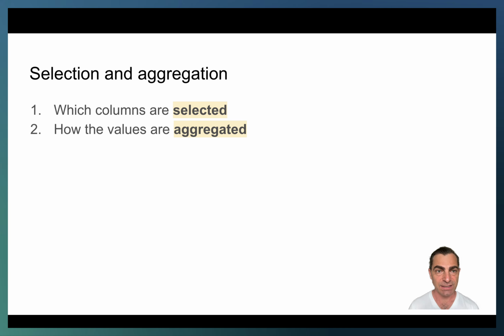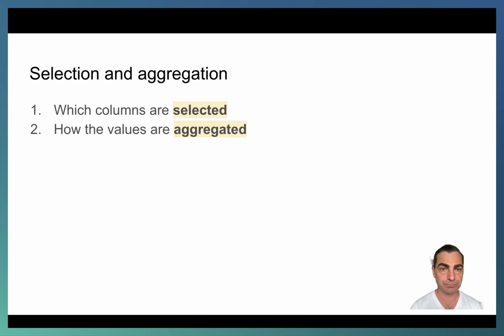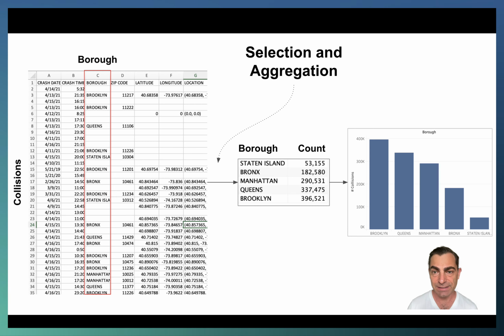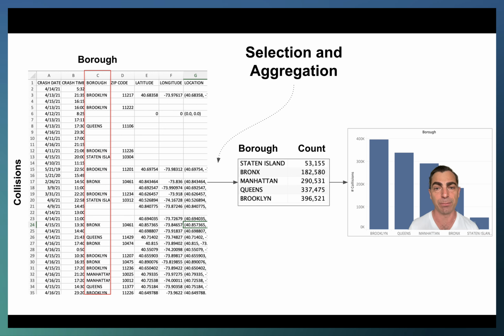The second is how the values extracted from these columns will be aggregated. So this is exactly the same example that I've shown before. Selection is which column or columns I select, and aggregation is the strategy that I use to aggregate according to the elements that are in this column.